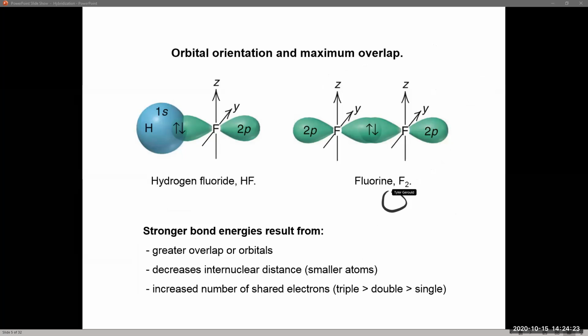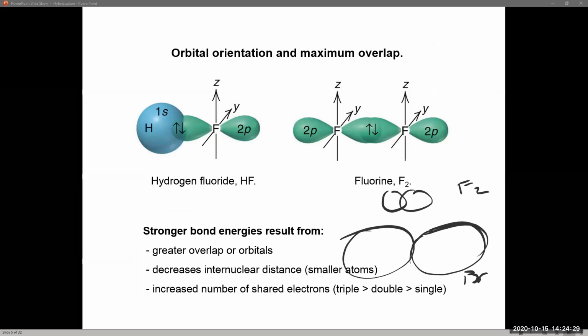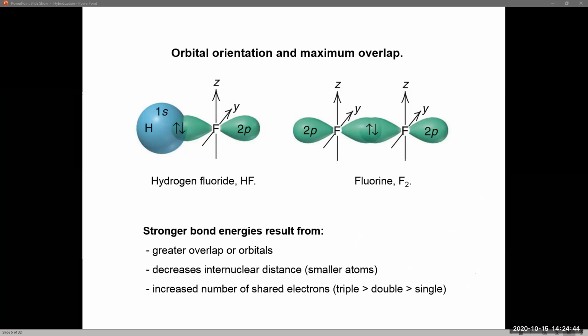If I draw relative sizes, here's fluorine versus bromine, and these lines represent the internuclear distance, and the distance between particles is very important for Coulombic forces. So we can say the F2 bond is stronger than the Br2 bond, even though Br2 has a lot more protons and electrons.